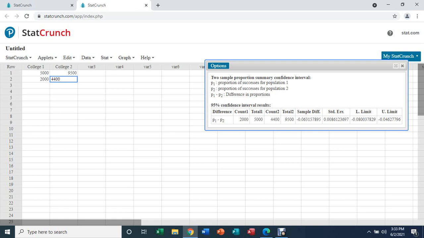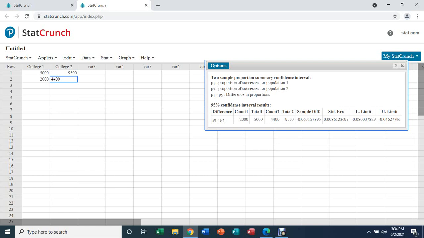So P1 minus P2 is less than 0, which means P1 is less than P2. That means the proportion of females in college 1 is less than the proportion of females in college 2.